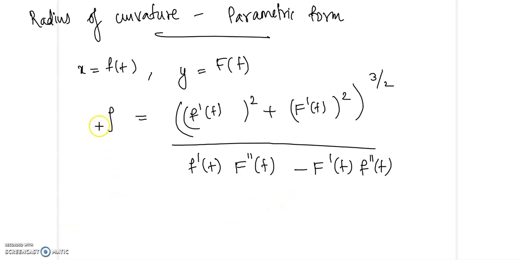Now again, if you have equations in the polar form, so radius of curvature, polar form again, you have curve in the form r equal to f of theta.